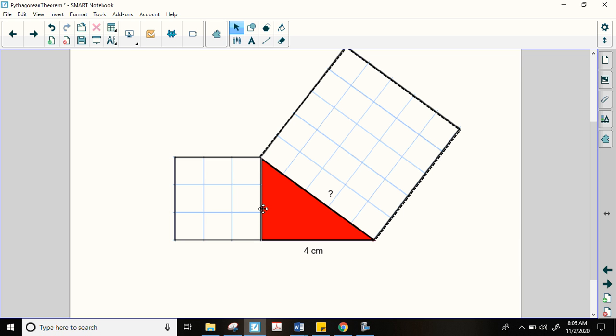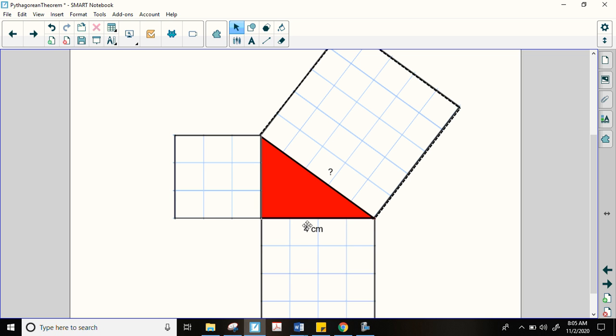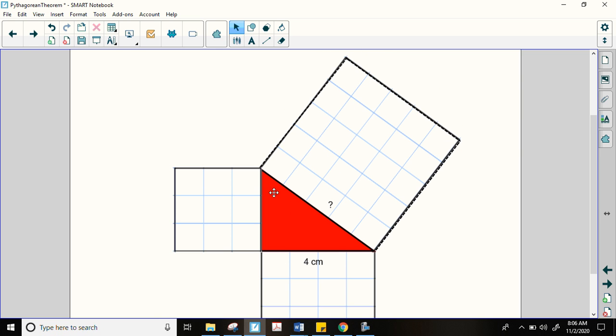So this side was a 3. So 3 by 3, that's a 3 by 3 square. And if this side is a 4, so there'll be 4 sections on this side, it's a square of 16. So we've got our 9 square here, our 3 by 3, and our 16 here, 4 by 4. 9 plus 16 gives you 25.